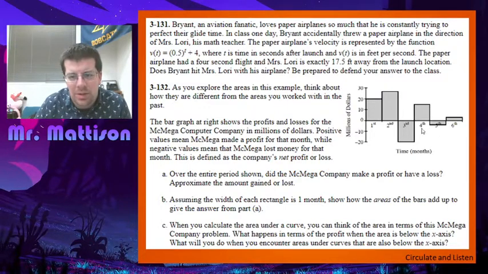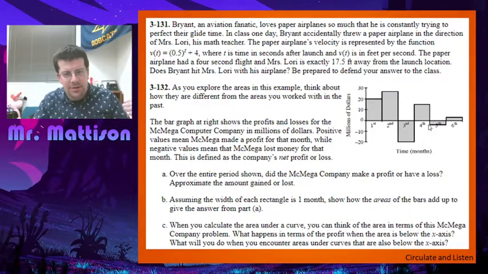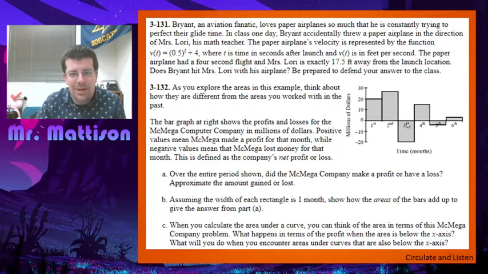Now, what do I do when it comes down to this part here and this part here? Well, those are negative y values, correct? So if I do a negative y times a positive x, because my x is still a width of 1, I get a negative answer, which makes sense because I'm losing money in those months.